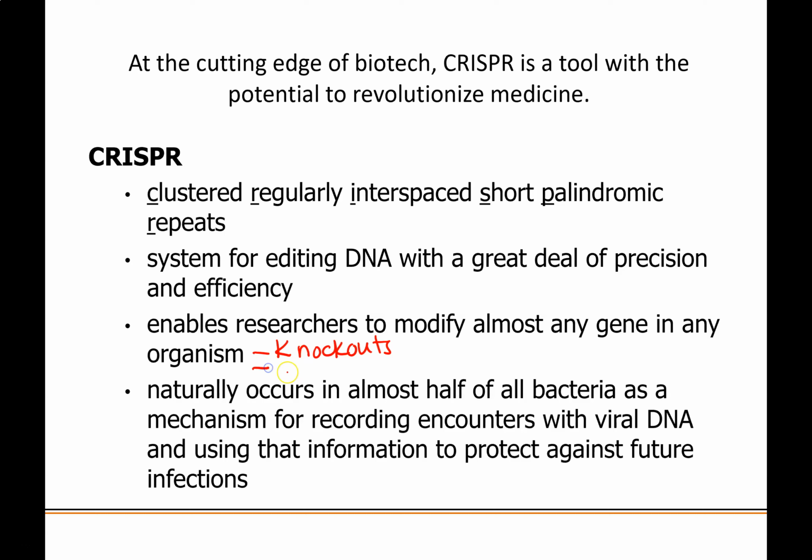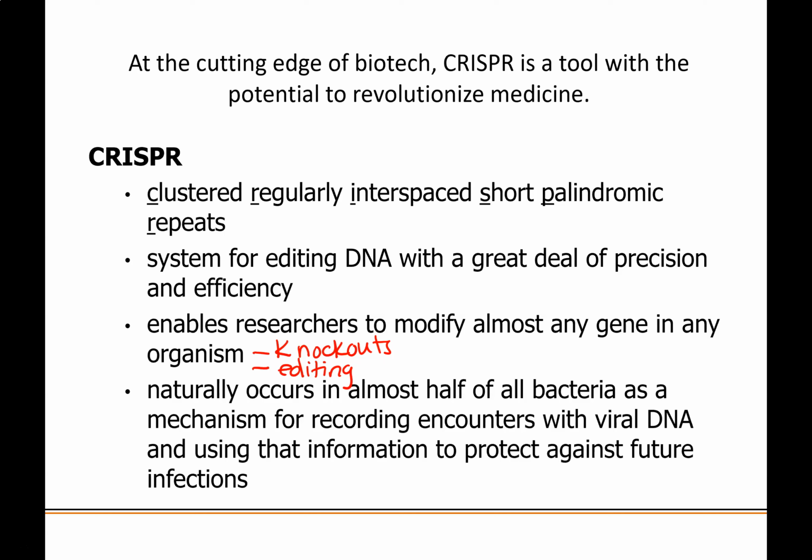You can also use this as an editing technique, to actually change the sequence. Let's say you have a dysfunctional allele that causes a disease or that causes an undesirable phenotype. You might want to edit that gene with the quote unquote correct sequence, the one that is not detrimental to the organism.